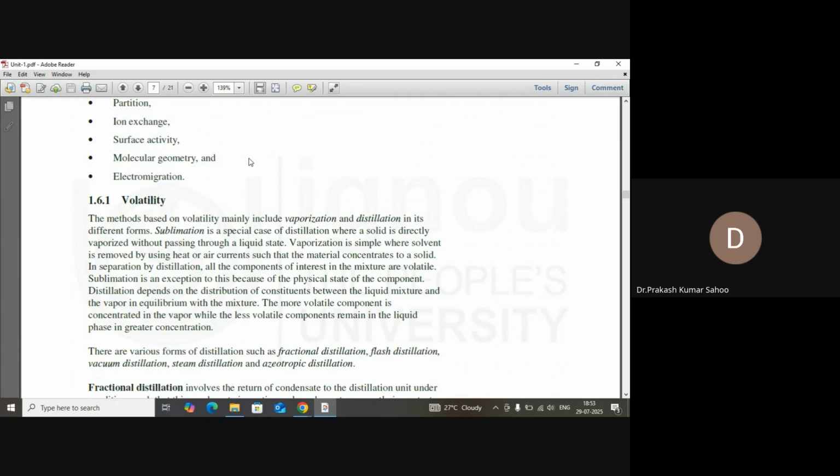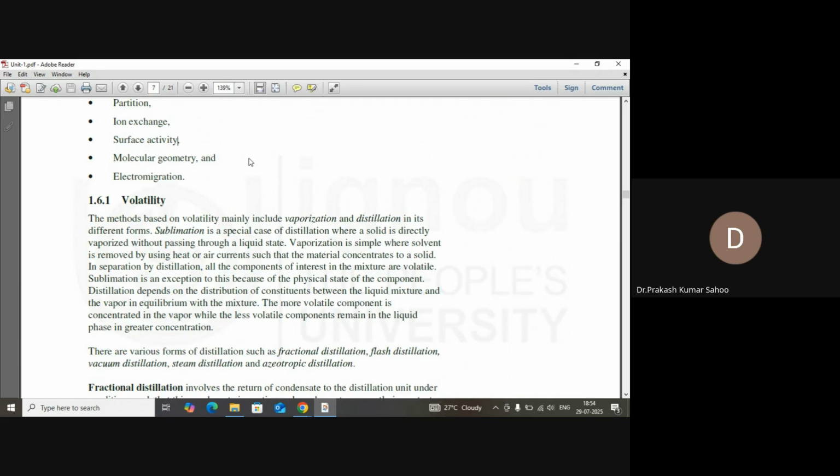Then molecular geometry plays a vital role in separation techniques. The molecule having a bulky nature will separate first, and the molecule having a definite smaller geometry, meaning maybe sp, sp2 or sp3 hybridization, may be separated at the latter part.